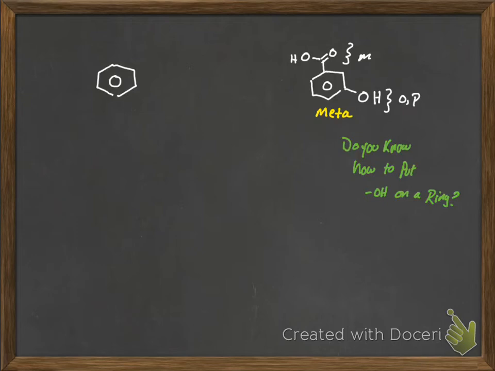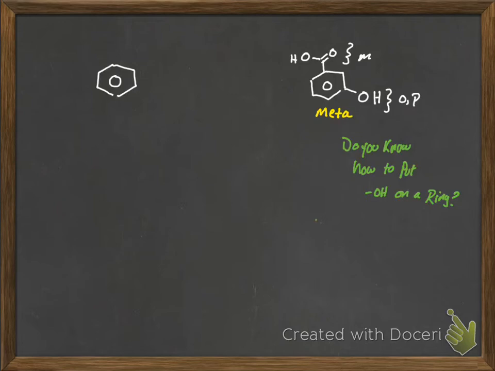Now, this is the point where some of you are going to be frustrated and throw your hands in the air and say it doesn't matter and how I'm a meanie and all kinds of bad stuff like that. So the question remains, though, do you know how to add an OH to a ring? Well, the answer to that is not directly. However, there are some ways around this.